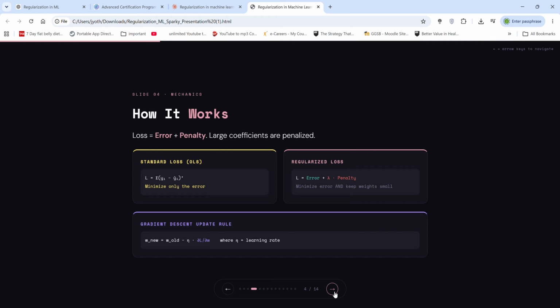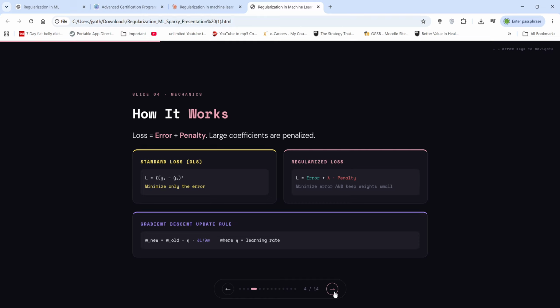Now, how does regularization come into this picture? In regularization, we keep the same loss function that we have seen, and in addition we add lambda times a penalty.